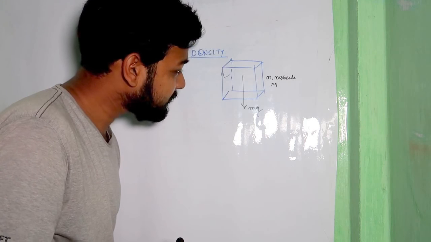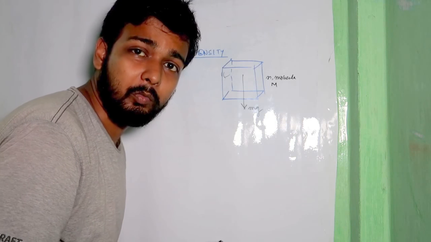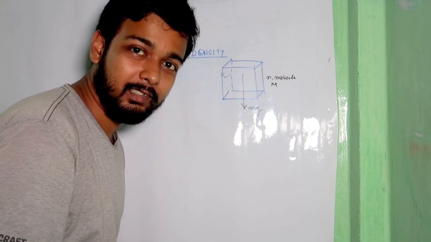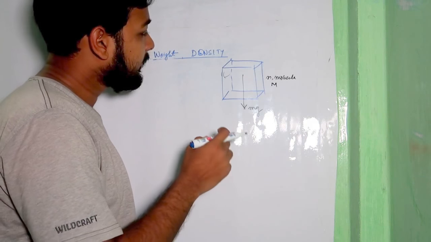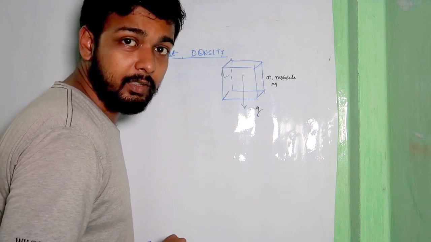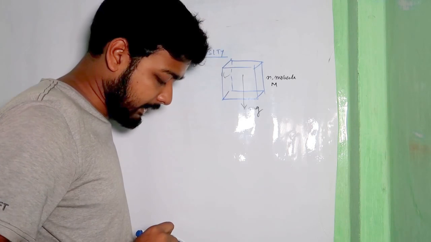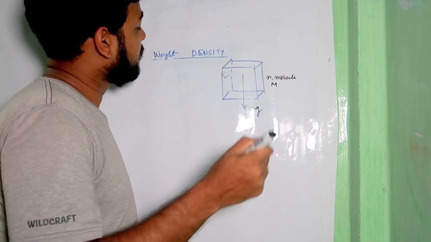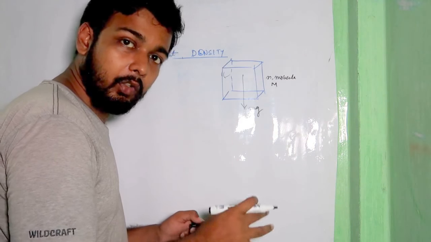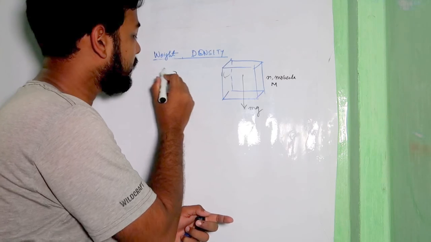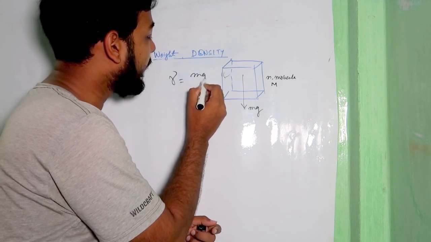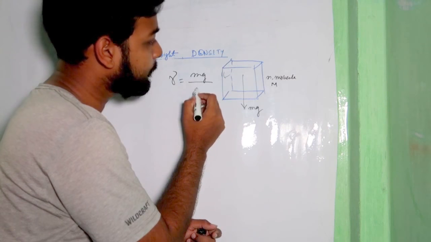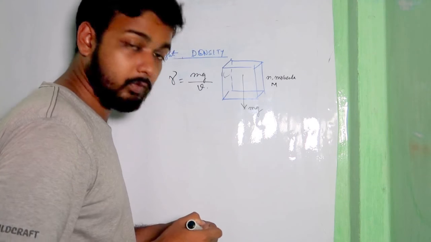So per unit volume, what is its weight? This is called unit weight or specific weight, denoted by gamma. Gamma equals weight by volume.